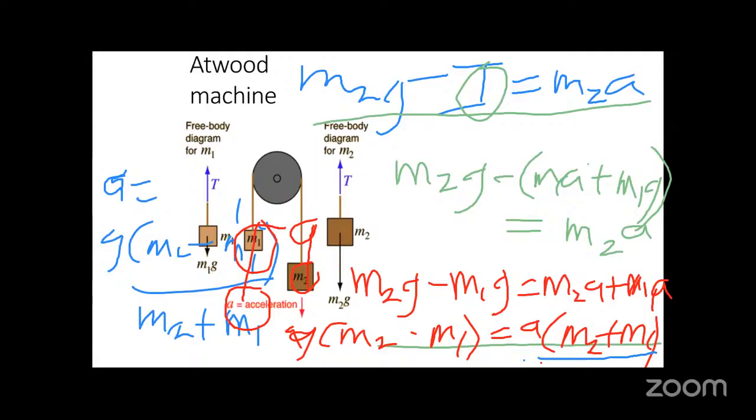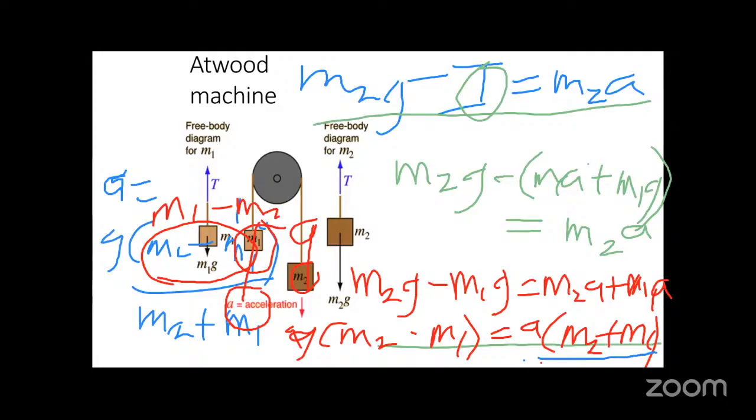However, in this case, since mass 1 is greater than mass 2, we will alter the arrangement in the numerator. So this time we now have M1 minus M2. Every other thing remains the way it is. Only the numerator will change from M2 minus M1 to M1 minus M2.